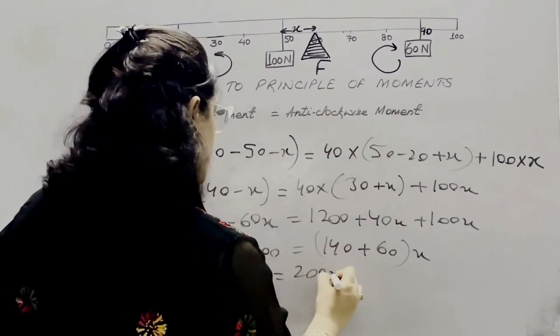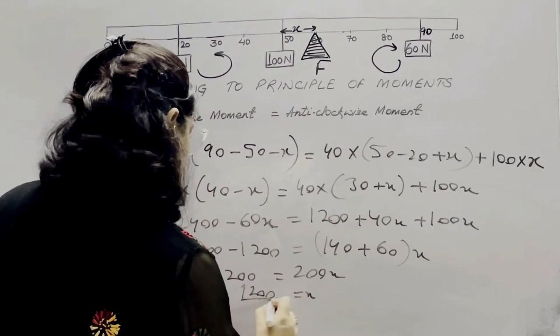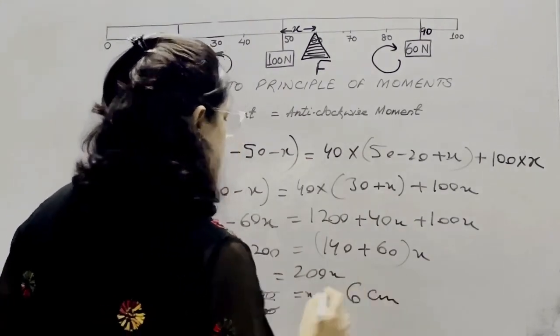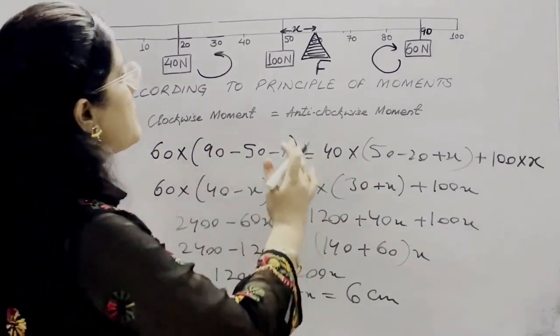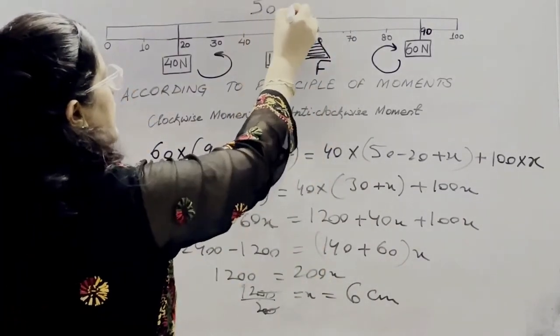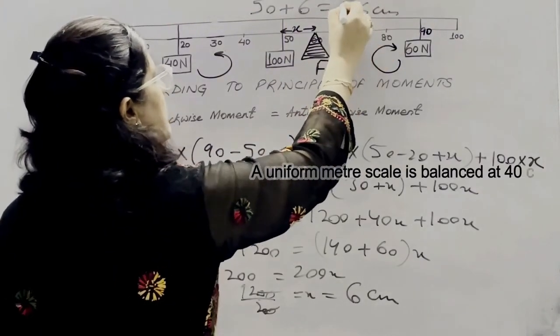So 200x equals 1200, and x is equal to 6 centimeter on the right hand side. So our correct answer is 50 plus 6, which is equal to 56 centimeter mark.